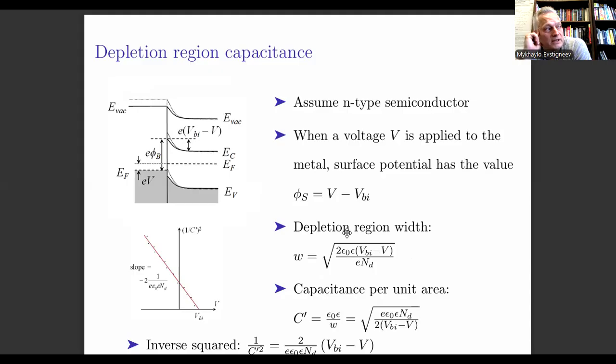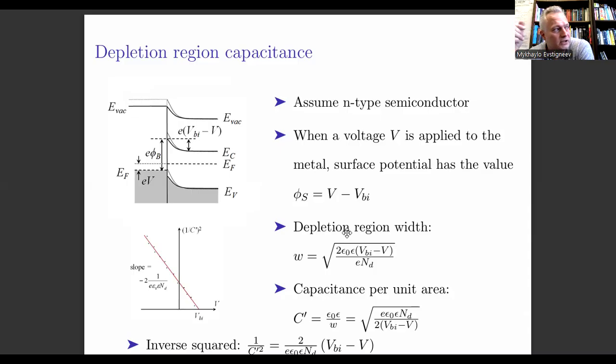Even if your semiconductor metal contact is ohmic, that is, even if the semiconductor work function is larger than the metal work function and the semiconductor is of N-type, you still can produce a depletion region if your voltage applied to the metal is sufficiently large in magnitude, and you would need to apply a negative bias.